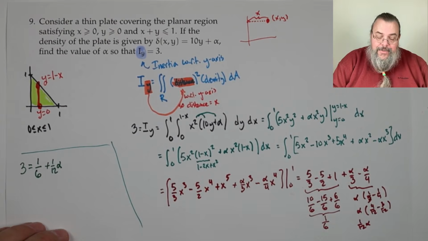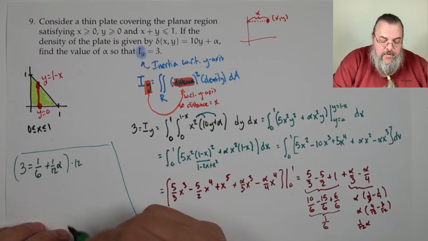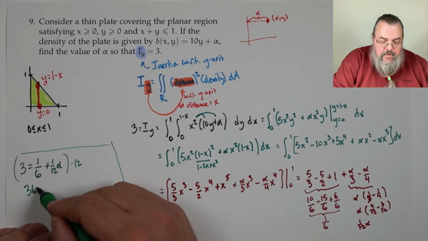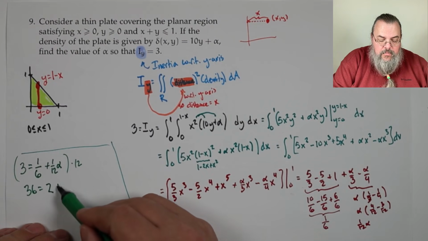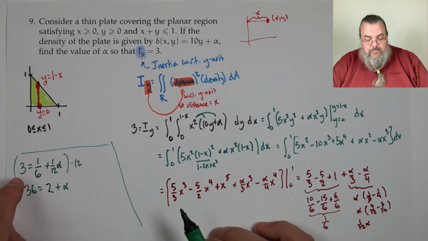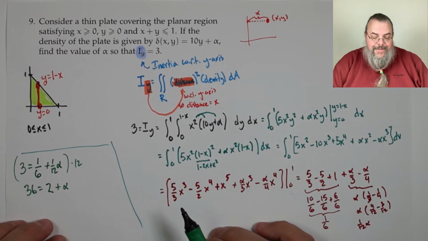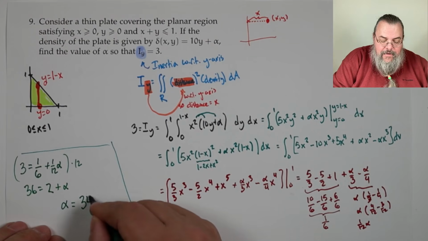I don't like fractions, so I'm going to multiply everything by 12. 36 is equal to 2 plus alpha. Right? Just multiply everything by 12. Or alpha is 34.